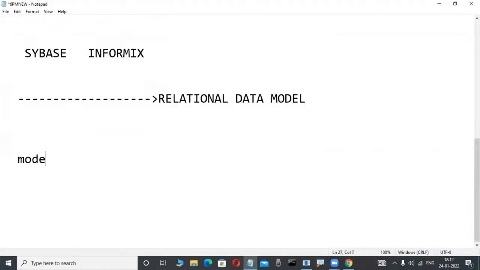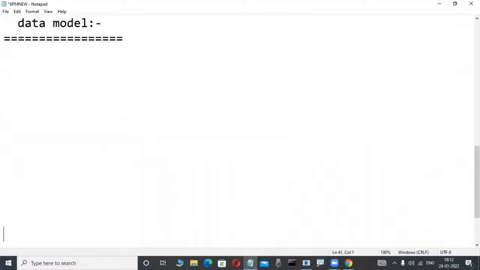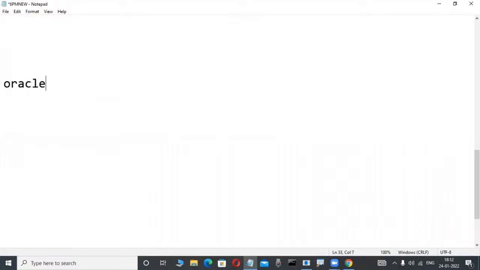Concentrate here. It is an easily understandable model. Anybody attending a previous class? I am telling one thing. Suppose Oracle is a product here. The Oracle database, or any relational database, has two types of structures, as I told you in previous classes.